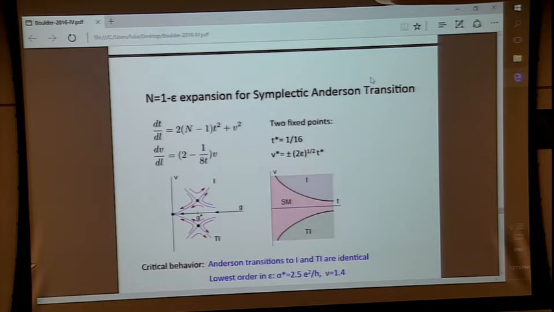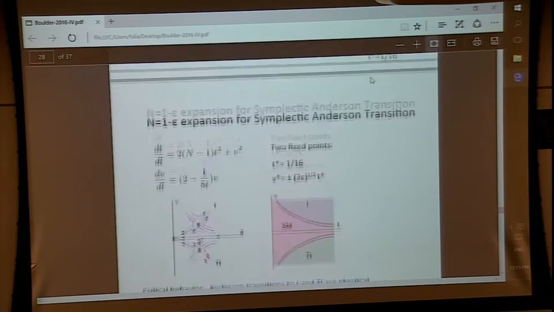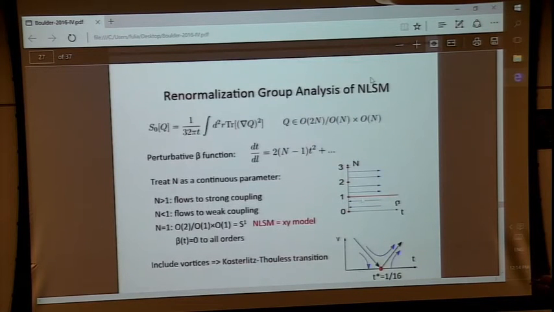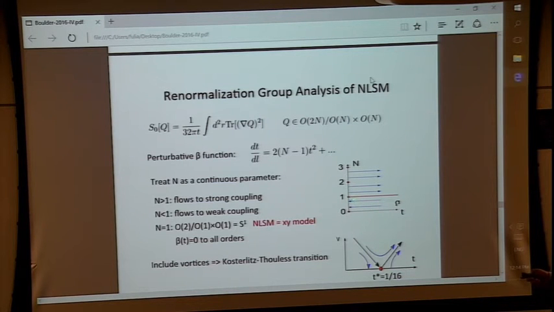N equals 1 is special, it is borderline. So the disorder system is closer to n less than 1, similar to n less than 1, but unlike n greater than 1. I don't know whether the vortices are Z or Z2.